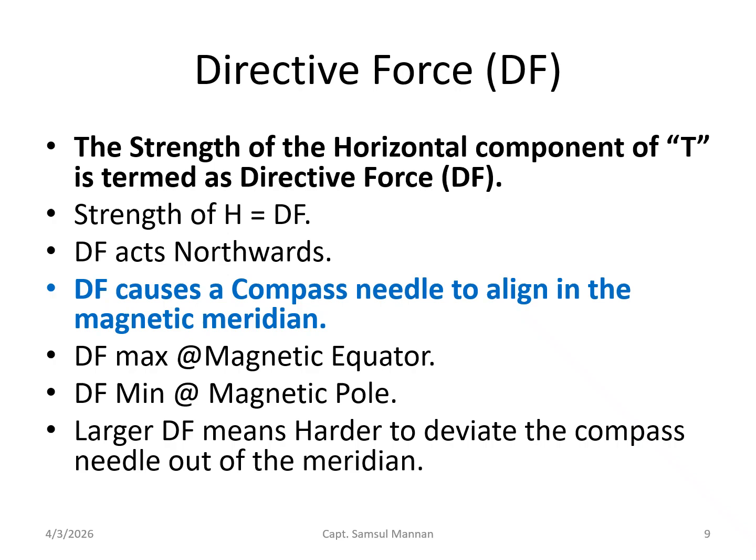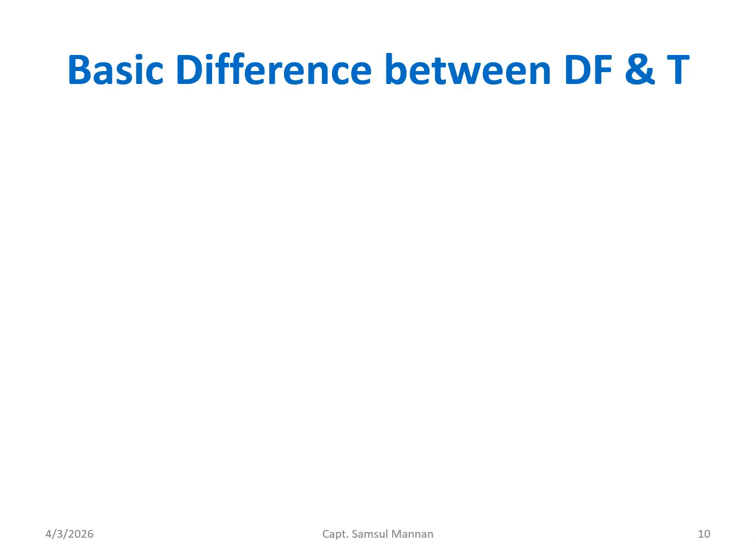Whereas if we keep that same magnetic needle at the magnetic pole, it will be very easy to deviate that compass needle from the magnetic meridian. So that's why it is recommended that once you go closer to the pole, don't use a magnetic compass, because it will be very easy to deviate the compass from the magnetic meridian, right?